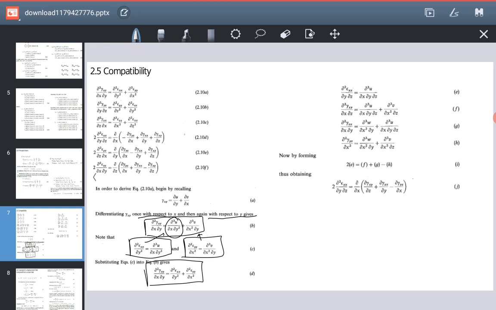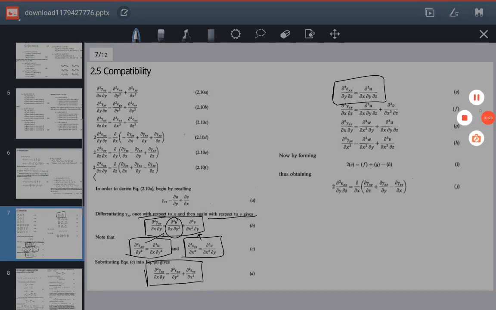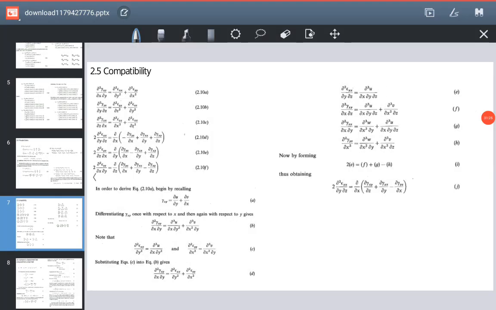Now if we start with this condition, okay. All right. So this identity, what they have done is that they have taken these 4 identities and put them in this equation and they get this result.